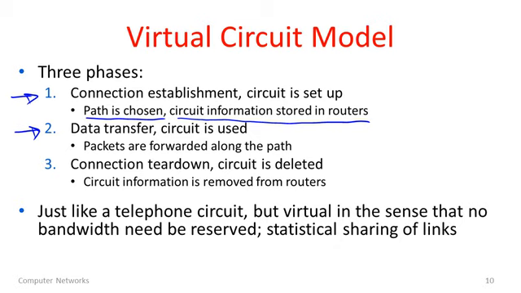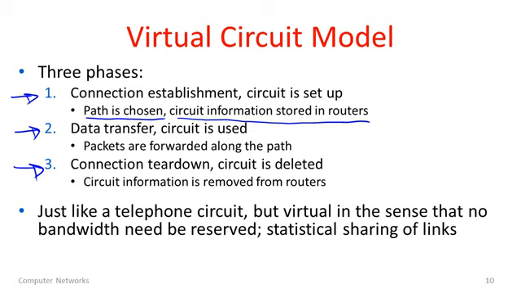We send packets along this virtual circuit, and all of the routers along the path forward them on to their destination. And then finally, when we're done, particularly if we're nice, there is a circuit teardown phase in which everything's cleaned up. The state about this circuit is deleted from all of the routers along the path in the middle of the network so they can forget about it and move on to new circuits.